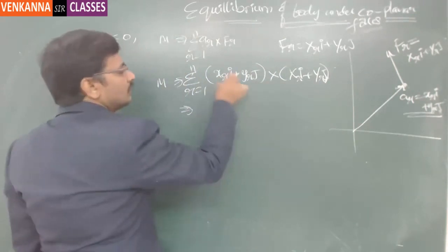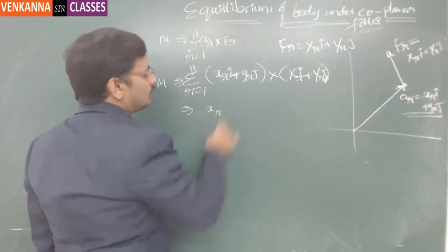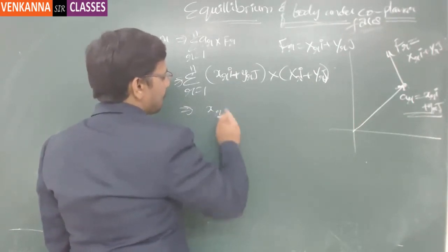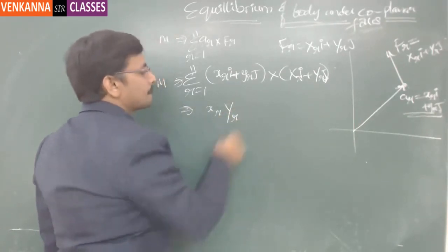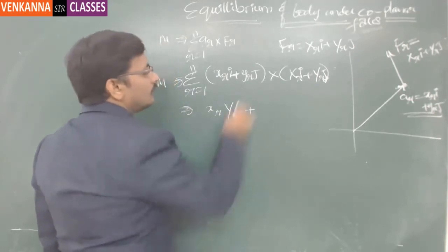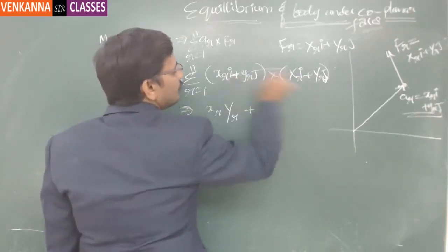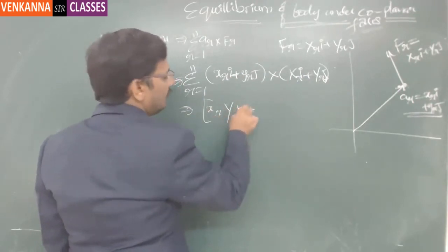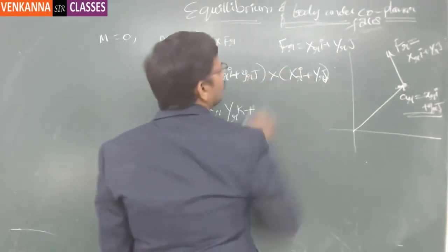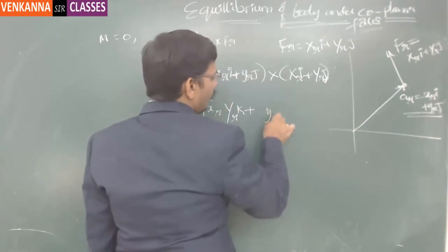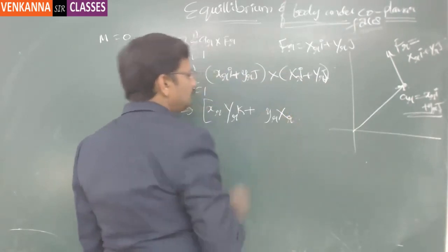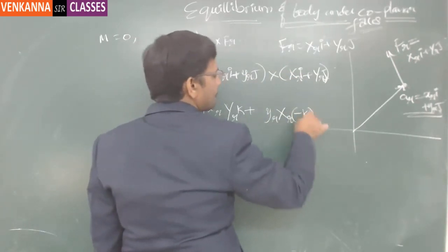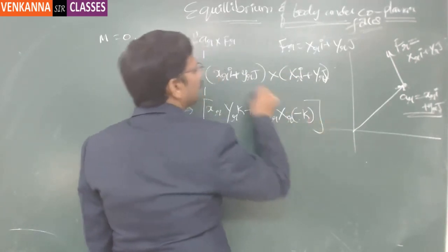So that is x_r into capital Y_r, and then, taking k common, y_r into capital X_r, and j cross i will be minus k, and then j cross j will be 0.